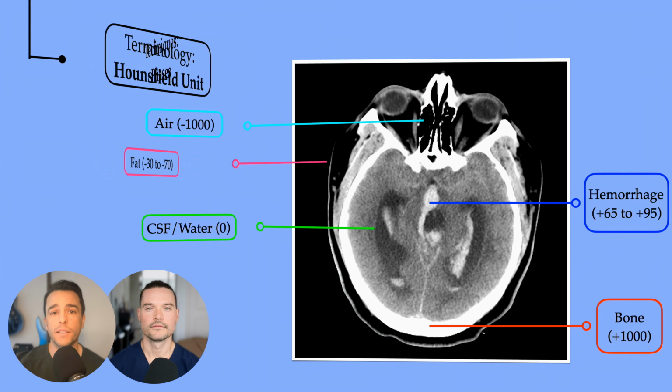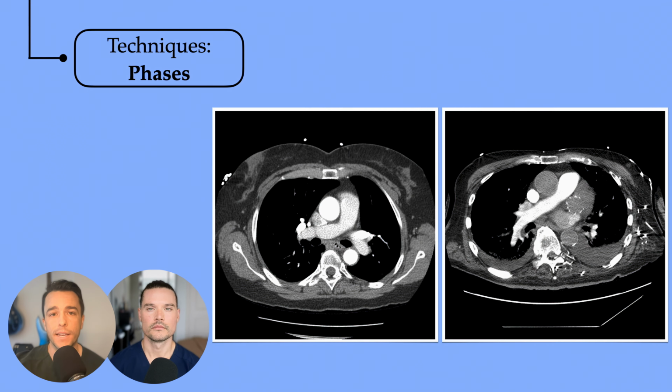So this next concept is phases, and this has to do with timing of contrast administration. So when contrast is given intravenously, the radiology techs using the computer system can time the contrast to highlight whatever the structure of interest is. In the image on the left, we see a CTA of the chest looking at the aorta and a CTPA on the right image highlighting the pulmonary artery looking for PE.